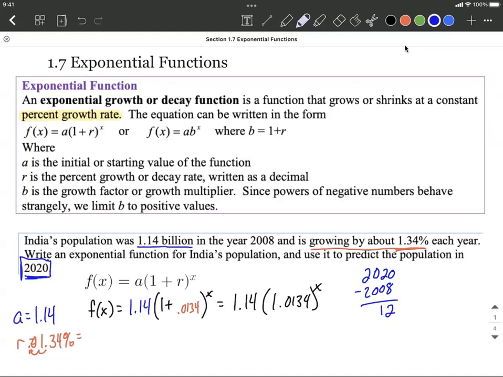So our value for x is going to be 12. So let's fill in. We can say f of 12 is going to be 1.14 times 1.0134 raised to the 12th power. Putting that into our calculators, I got this to be right around 1.337, and because our initial population was in billions, this too is going to be in billions.